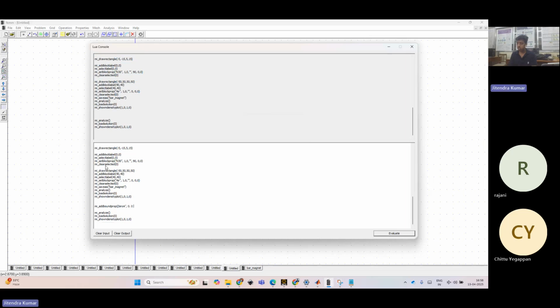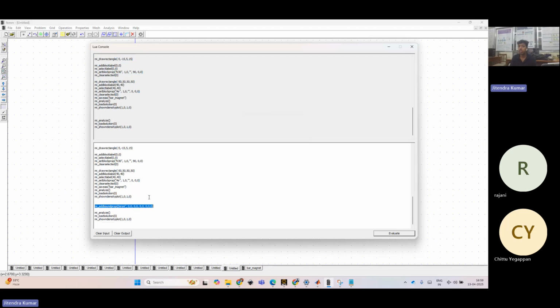0, 0, 8, 0, 5, 4, 9. Okay, yeah. So this line which has all those zeros corresponds to different boundary conditions.